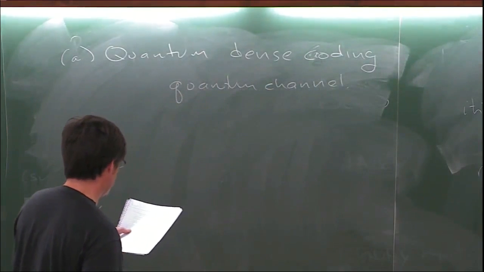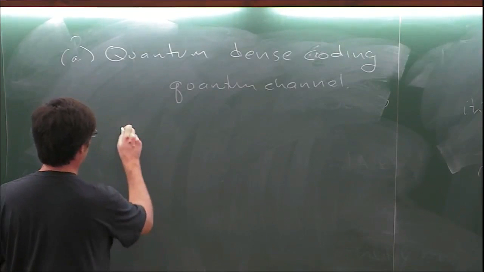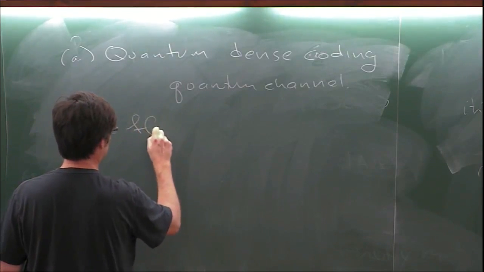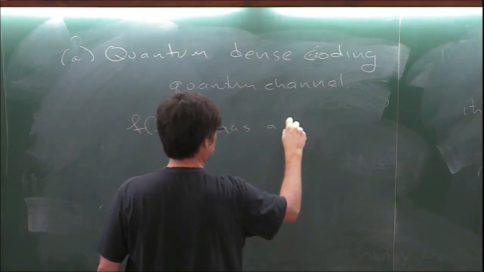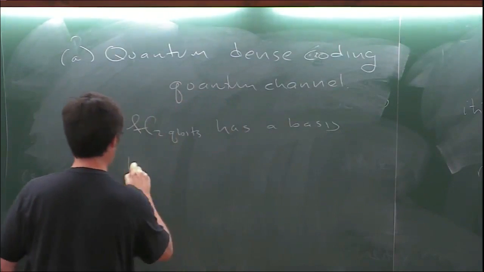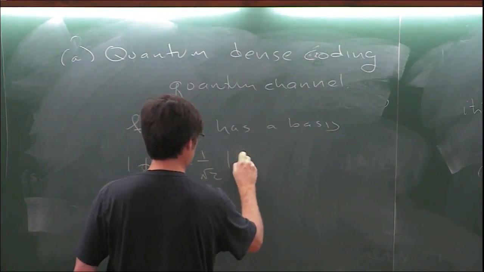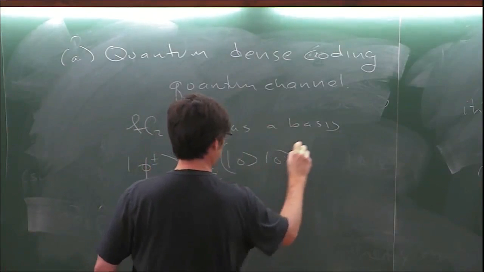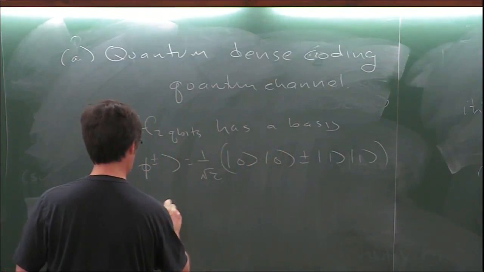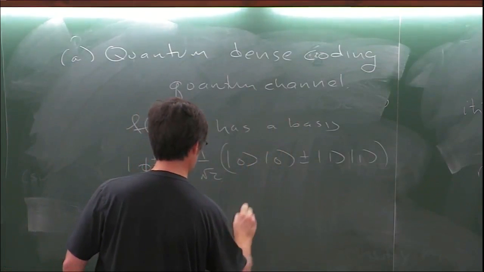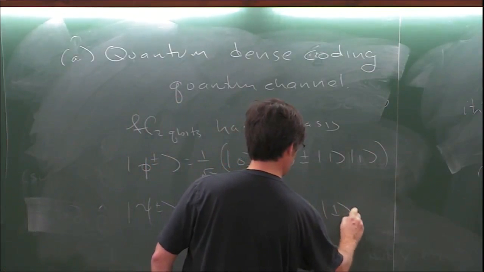And so I'm going to start by noting the following thing. If I take the space of 2 qubits, it has a basis phi plus or minus equals 1 over root 2, 0, 0, plus or minus 1, 1, and psi plus or minus, 0, 1, plus or minus 1, 0.